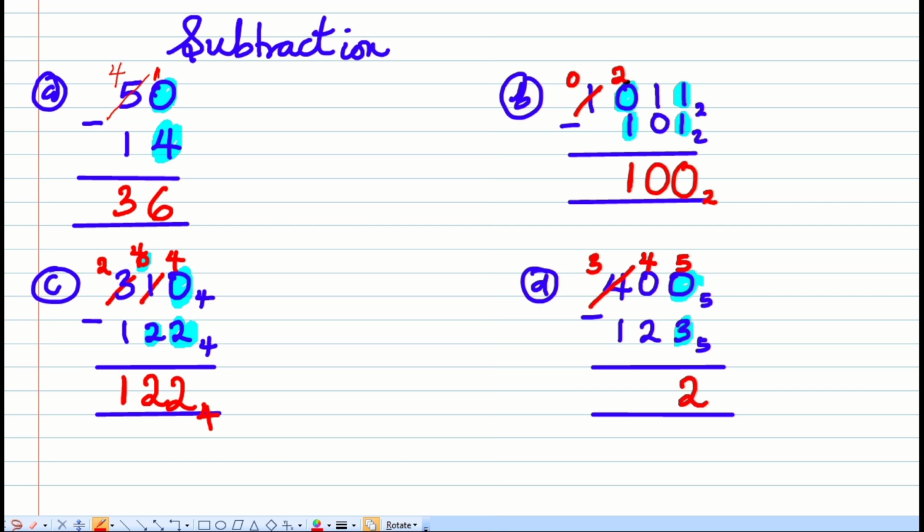The next column we have 4 minus 2, which is still 2. And then the last column we have 3 minus 1, which is still 2. So 2 everywhere: we have 222 in base 5. If you just understand that the value of whatever you borrow is dependent on the base you're working with, it becomes crystal clear and easy.